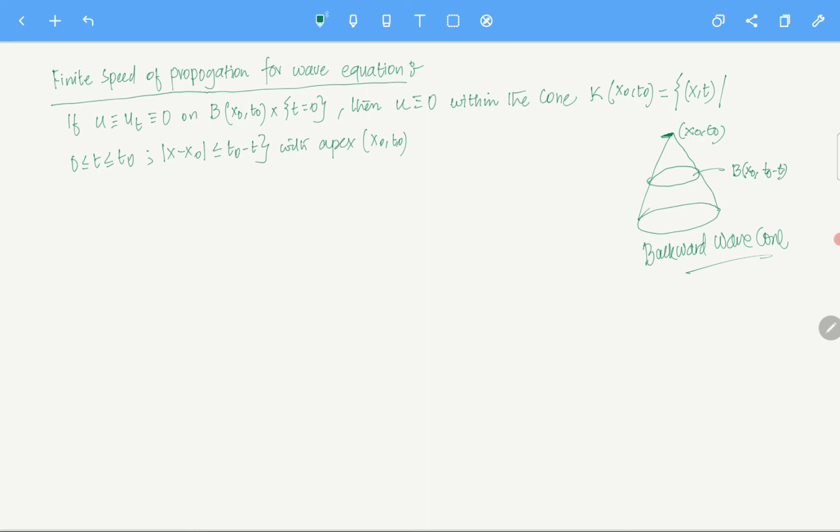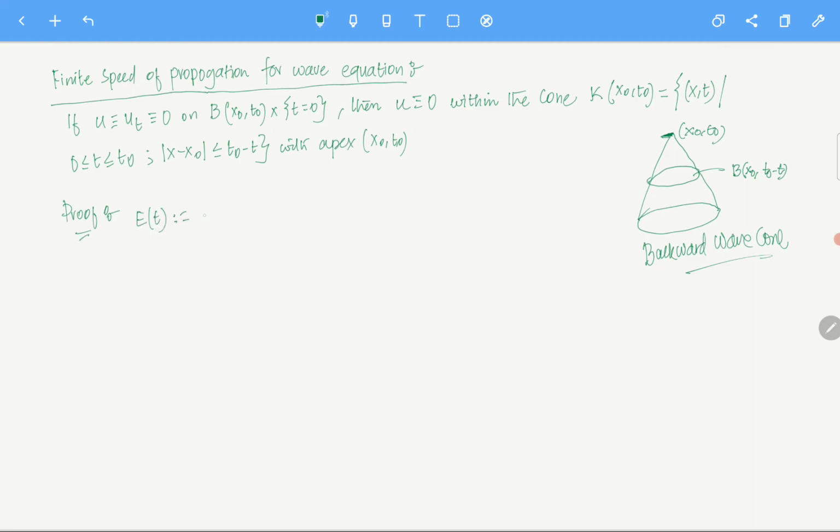Okay, so let us prove this theorem first. What does the theorem say? First things first, we will use the energy formulation here. So, proof. We write down E(t). What is E(t)?